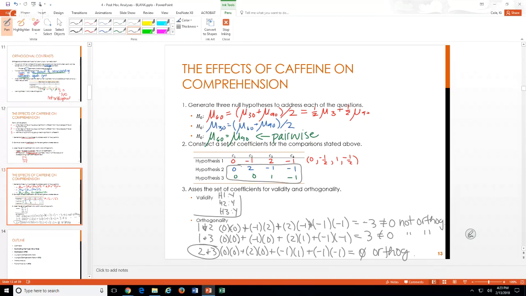Can you repeat this? Yes. By saying that hypotheses 2 and 3 are orthogonal, we're saying that those two give us unique information. When we know the answer to one, it gives us no indication of the answer to the other hypothesis.